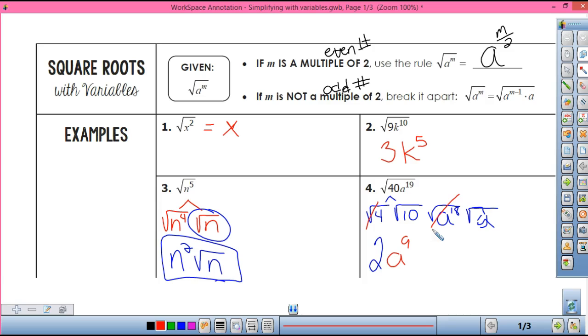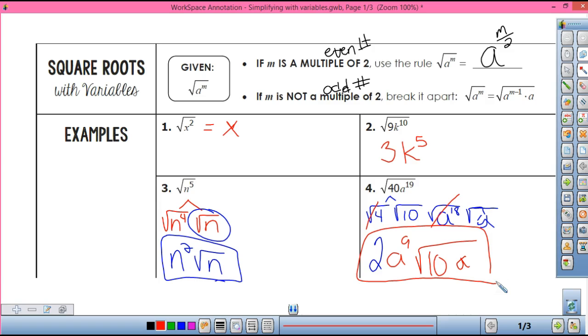All we're doing is taking our even number and dividing it by 2. And then the square root of, what do I have left? 10 and a. So my whole answer is 2a to the 9th times the square root of 10a.